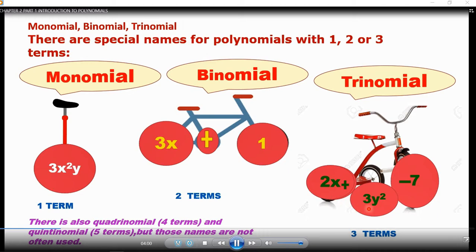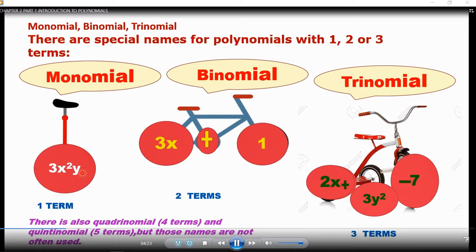So between these two terms there is the operation of addition, and between 3y squared and 7 there is the operation of subtraction. It means that the terms can be separated from each other by the operation of addition or subtraction, not division and multiplication.